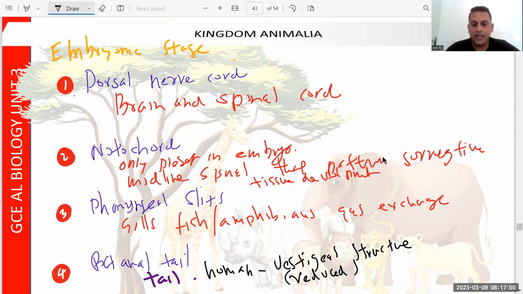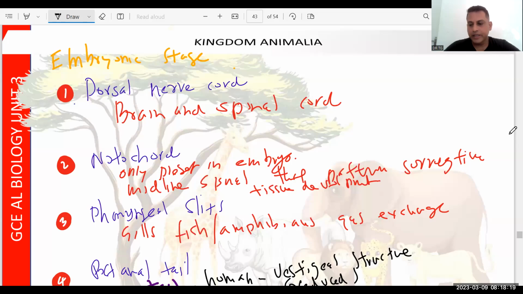Right, now in phylum Chordata, we can find these four important characteristics which are exclusive to the phylum. In the next lessons, we're going to learn different classes: Chondrichthyes, Osteichthyes, fish, mostly in these two, and reptilia, amphibians, aves, birds, and the mammals.